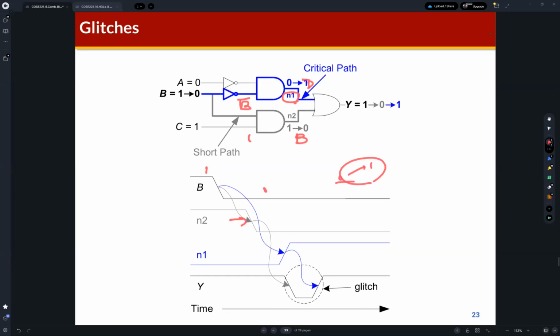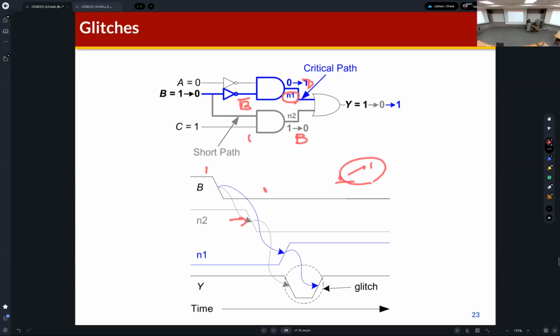But we can observe a NOT gate here and the AND gate here. So we can expect that the delay at N1 is longer than the delay at N2. Okay? Delay at N1 is longer than delay at N2. Right, obviously because there are more gates. There's a NOT gate here.